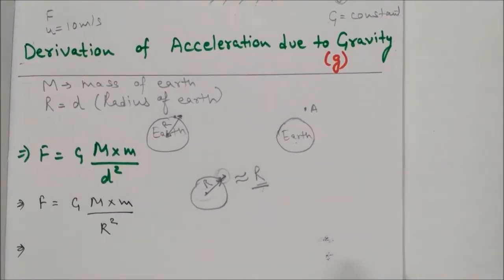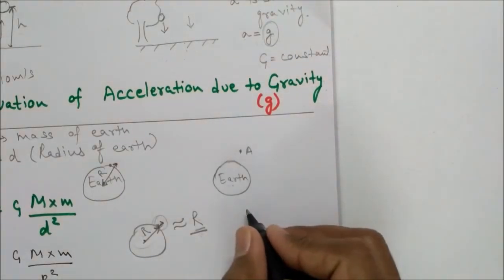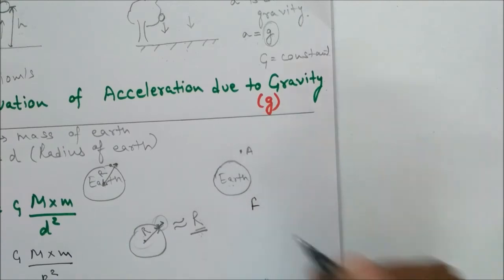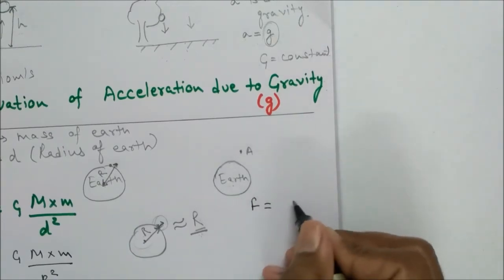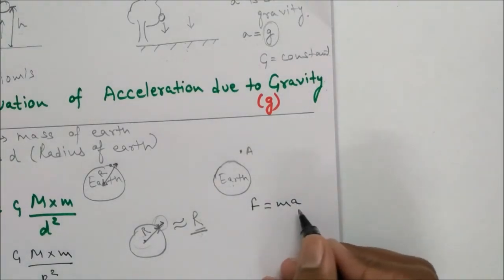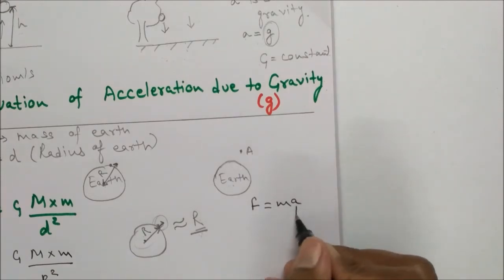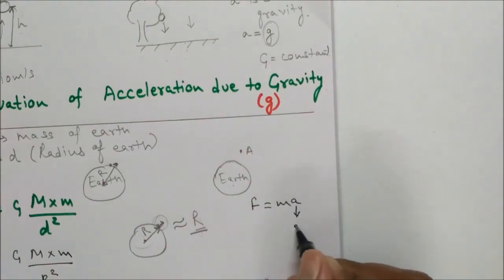Now we also know that for any force F, the value is ma, isn't it? In terms of the gravitational force, the acceleration is due to gravity only, and we know that it is small g.